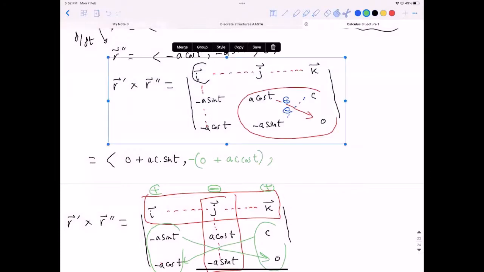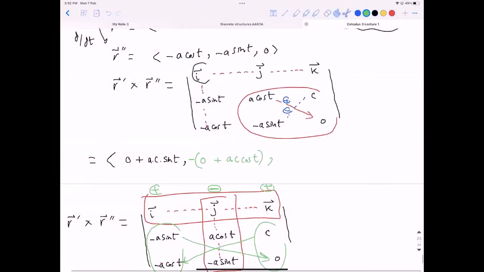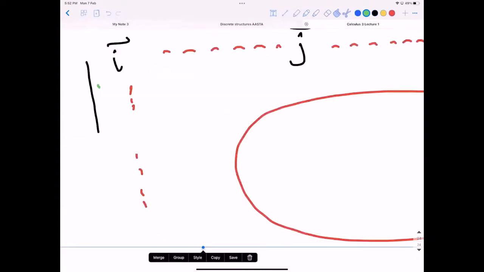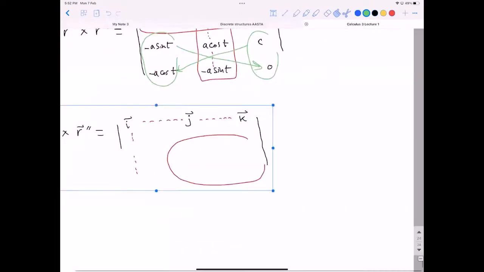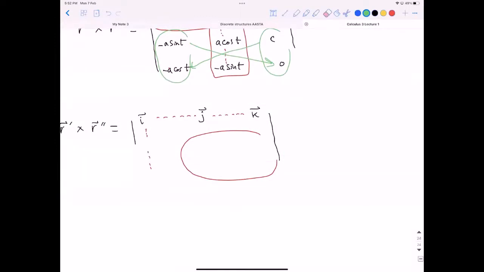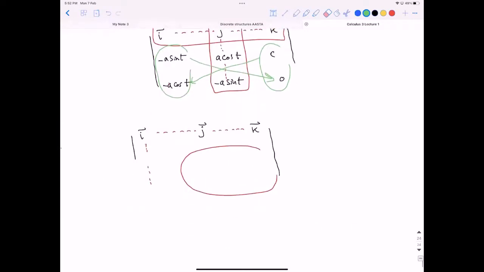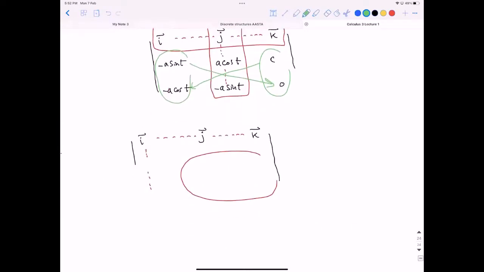For the K component, let's see. Negative A sine, A cosine.